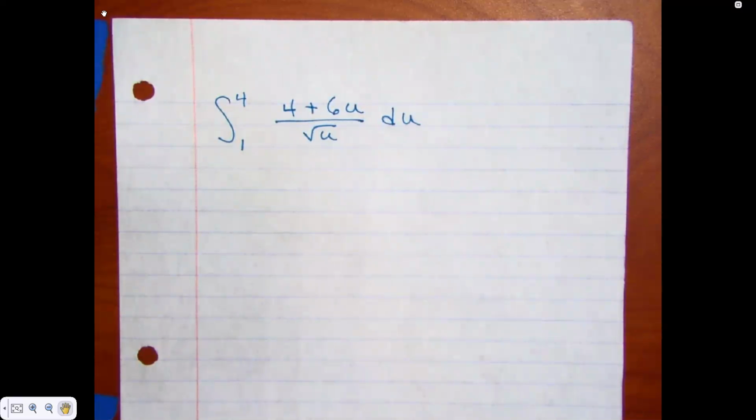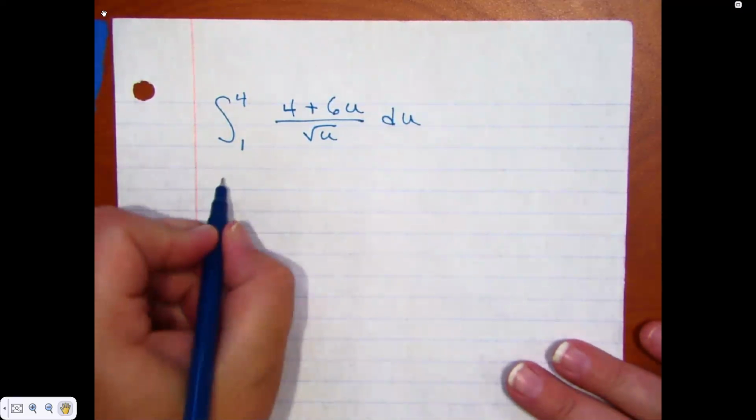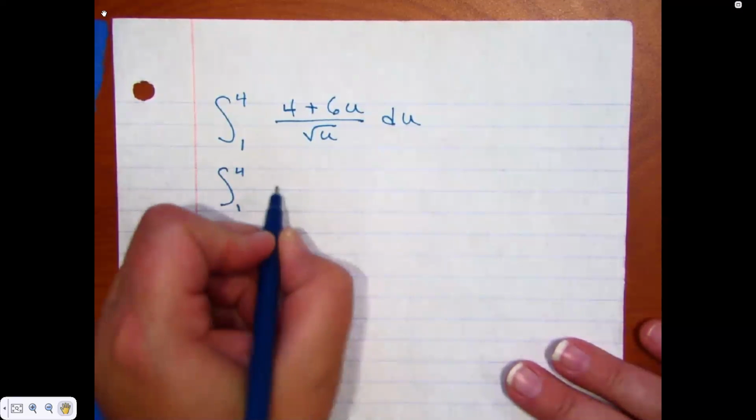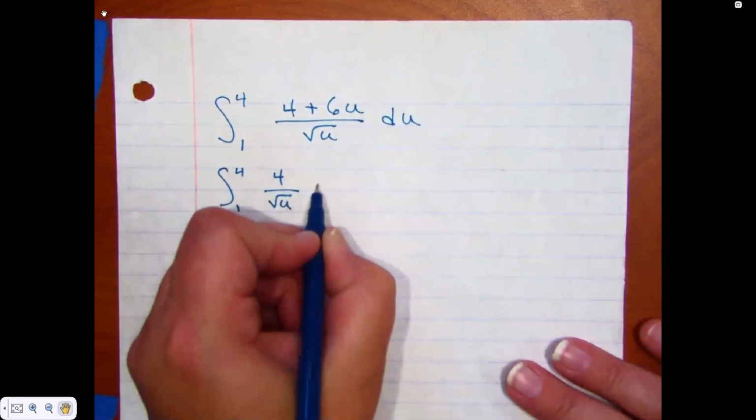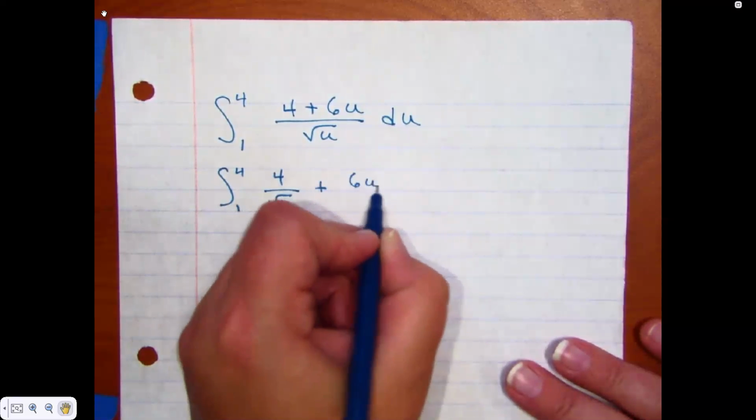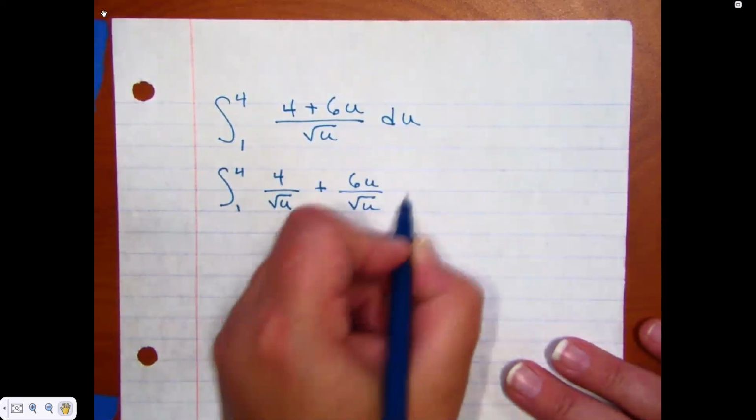Okay, this one, we're dividing. We've got a rule for division, so we want to split each one up. So we're just going to rewrite it: 4 over the square root of u plus 6u over the square root of u.